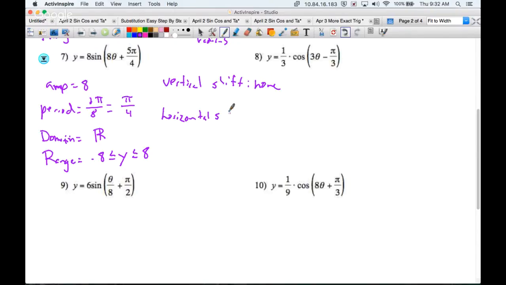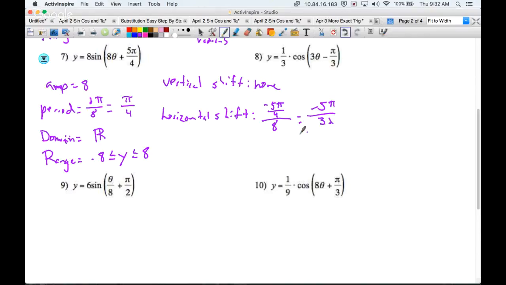Horizontal shift is equal to h over b, so negative 5 pi over 4 divided by 8, which equals negative 5 pi over 32.